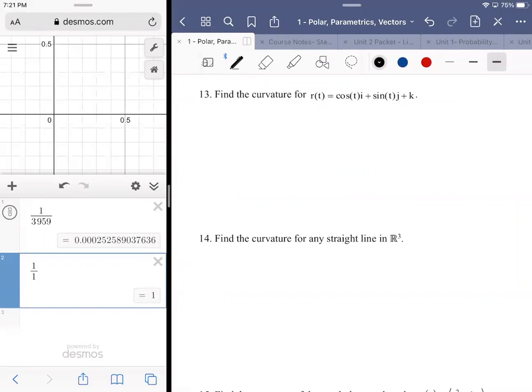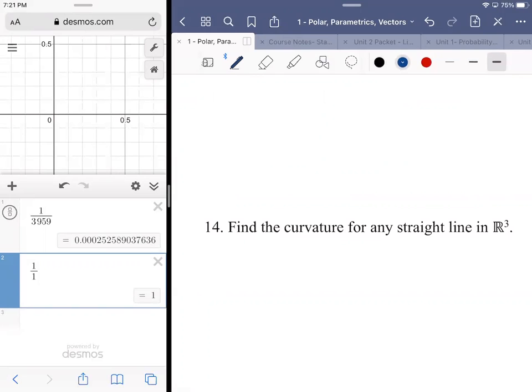For that one, it's kind of tricky because we need to generalize a straight line in R3. Each component needs to be linear, and it should be a vector valued function, r of t. Each component should be of the form mx plus b, but we have a model that we use for this.